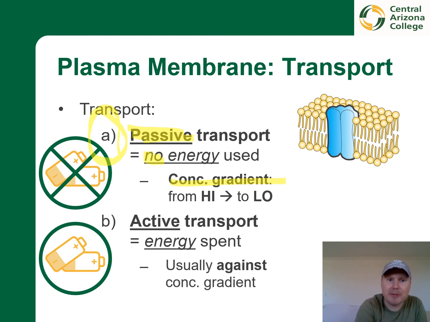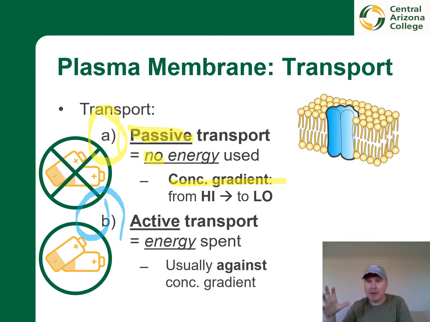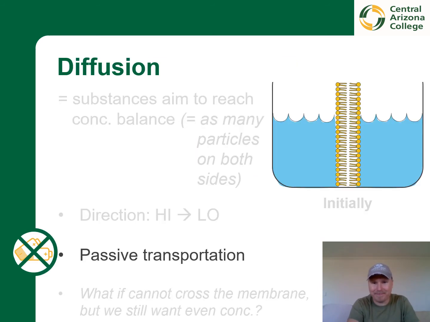While in active transport, these materials cross the plasma membrane in the opposite direction of where they would normally go, and this is going to need energy to make it happen. And there are different kinds of active and passive transport methods. Let's have a look at some of these.